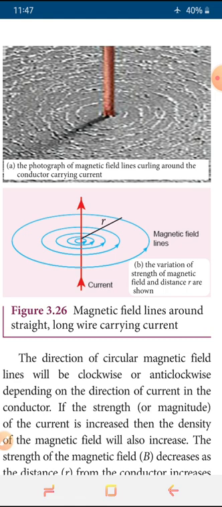Due to the tap, the small vibration, all the iron filings arrange themselves in a circular shape around the current carrying conductor. Why are the iron filings arranged in a circular shape? This is the question here. Naturally the iron filings are attracted by the magnetic field.